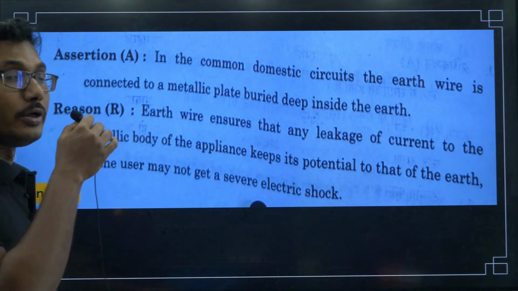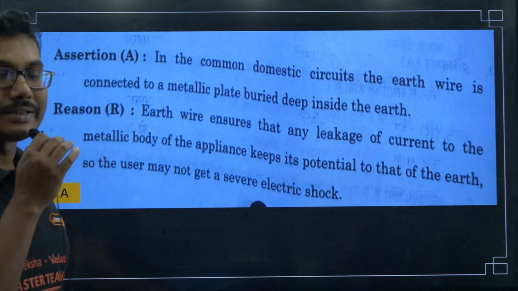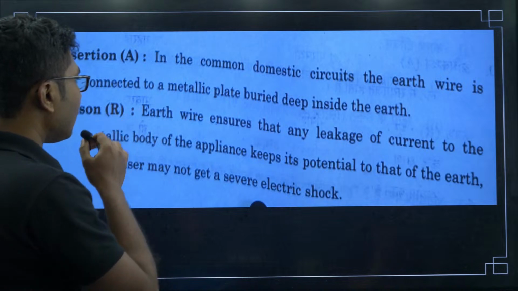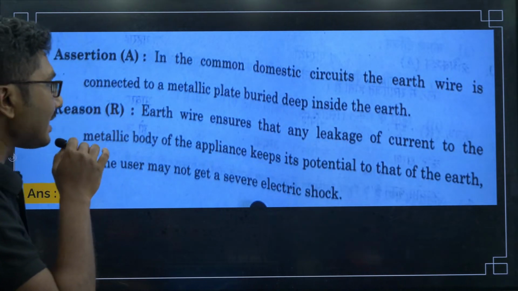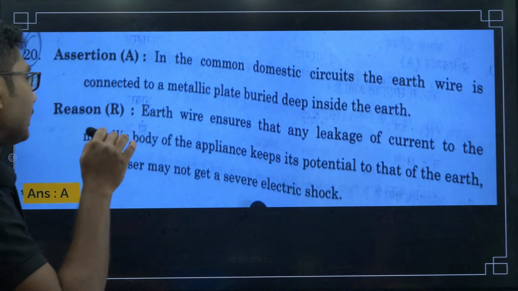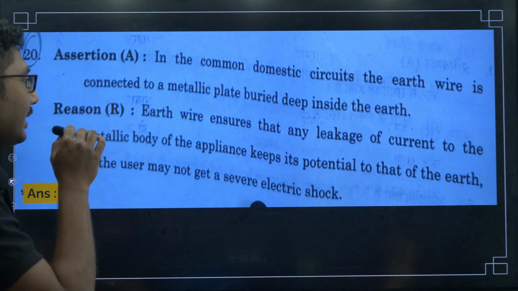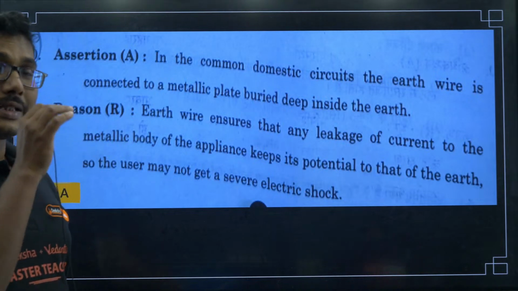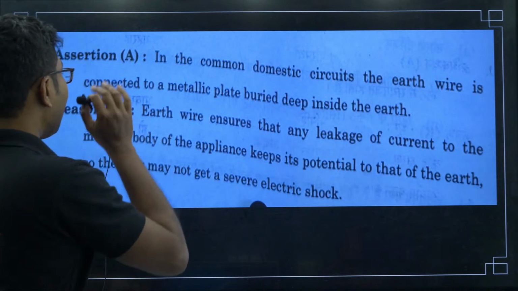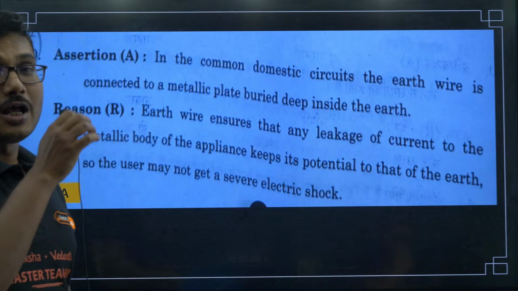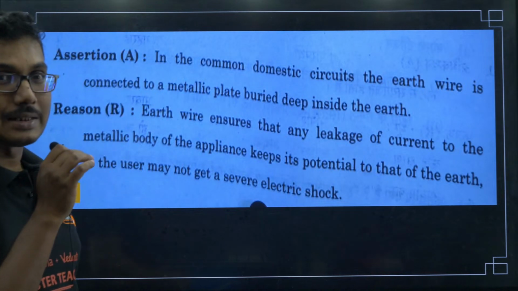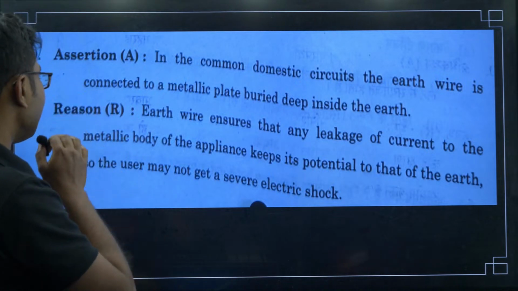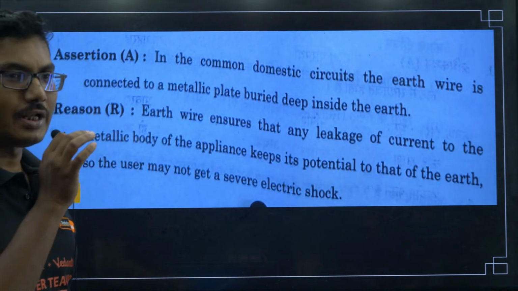So it passes that extra leakage current towards the ground. So the earth wire ensures that any leakage of current to the metallic body of the appliance keeps the potential to that of the earth, so that the user may not get a severe electric shock. Yes, this is also correct, and this is the correct reason behind the assertion, right? So both the assertion and reason are correct, and the correct answer is option A.